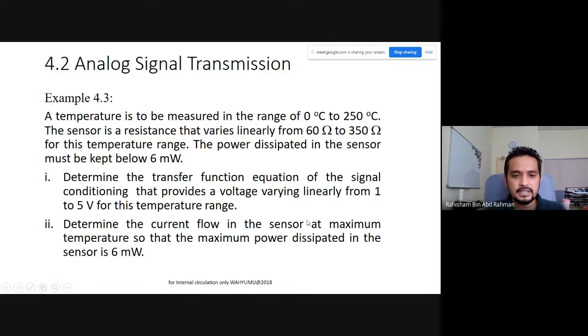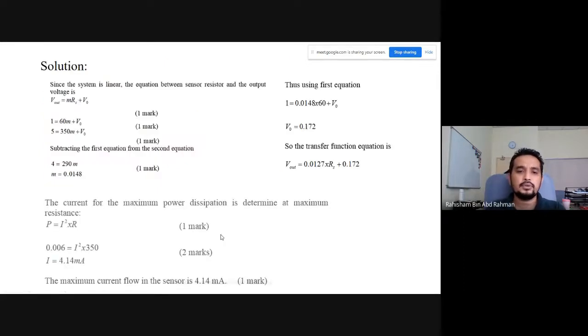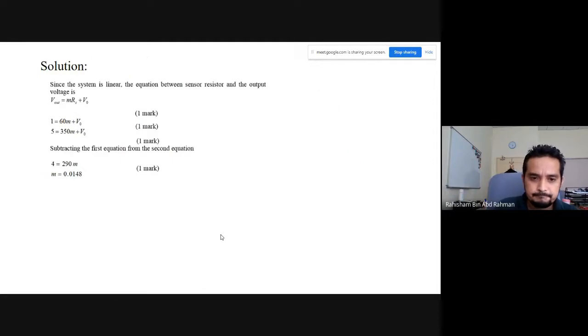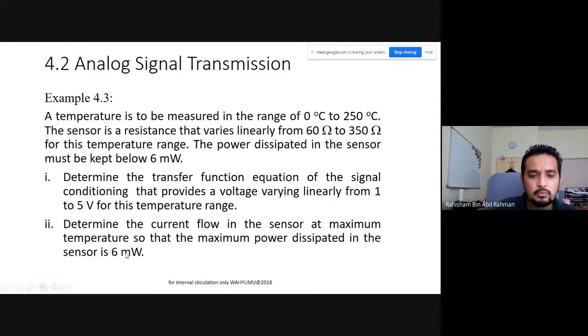The second question: determine the current flow at the maximum temperature. So the power P equals I squared R. We know the power is 6 milliwatt.